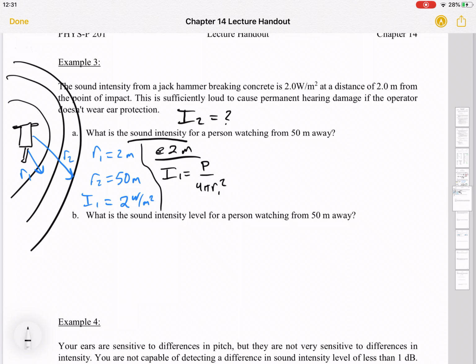Okay. So I can use the numbers that I have here. I1 is 2 watts per square meter, equals power divided by 4 pi times 2 meters squared. So you can solve for the power. What you get for that is 100.5 watts.